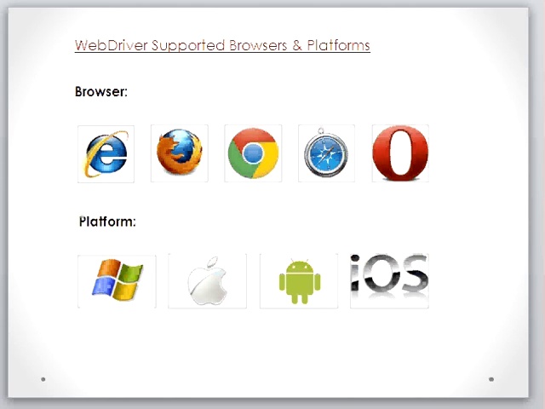Now I tell you the basic support for the browsers and the platforms that WebDriver has. In the first instance, I will tell you about the different types of browsers that WebDriver supports. The first one is Internet Explorer, which is the default browser for Microsoft Windows. The next one is the most widely used Mozilla, and Google Chrome, Safari and Opera.